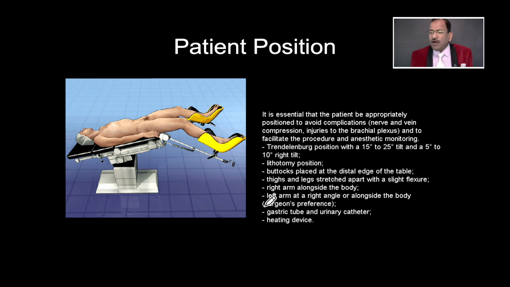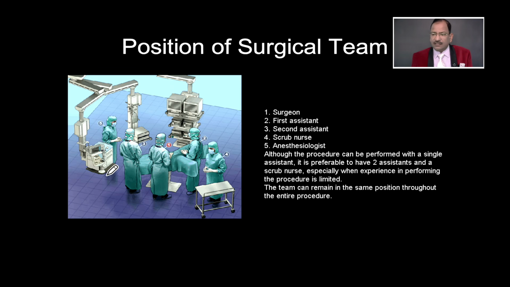Patient should be in the lithotomy position, legs should be stirruped up, and head should be 10 to 15 degrees down. You will stand opposite to the colon which you want to remove. If you want to do the surgery on the left colon, of course the surgeon will stand on the right.